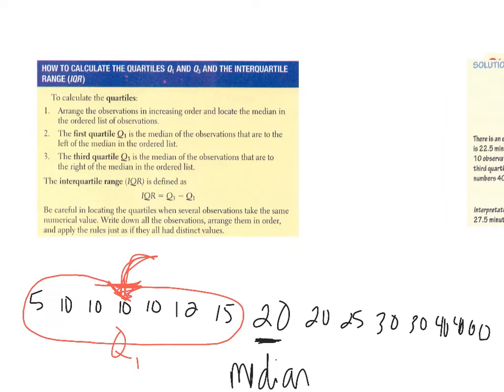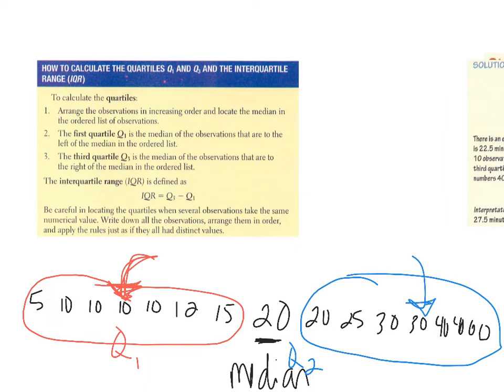My median is my Q2. And when I'm finding my third quartile, again, I'm looking for the median of the data points that are to the right of the median of the whole set. So this one right here would be my third quartile value.